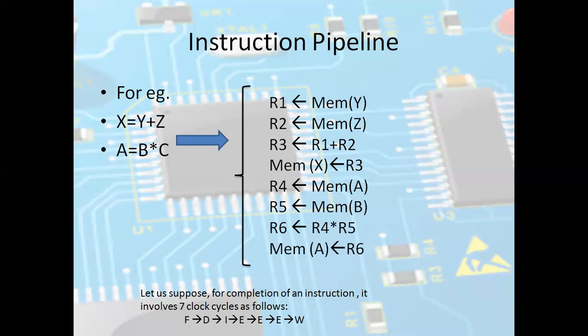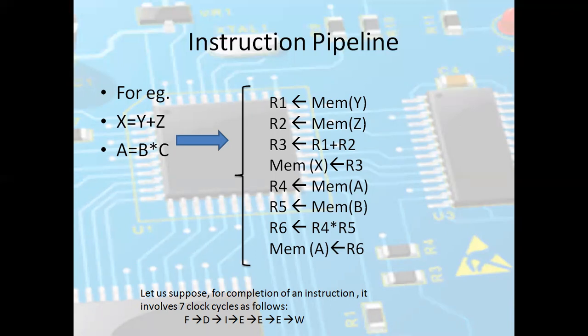In this example, the memory content of Y is loaded into register R1, and the memory location content Z is loaded into R2. If we add R1 and R2, then R3 can be achieved. Here is a problem: the result R3 is dependent on R1 and R2, and definitely it will cause a delay of the result.